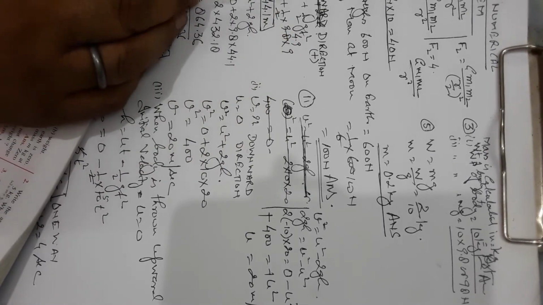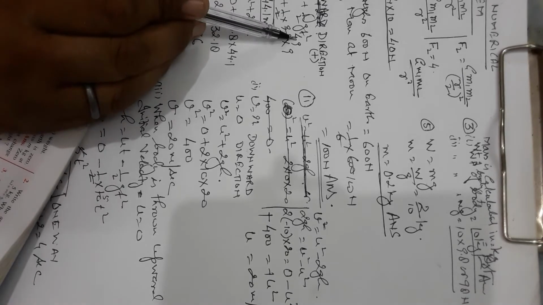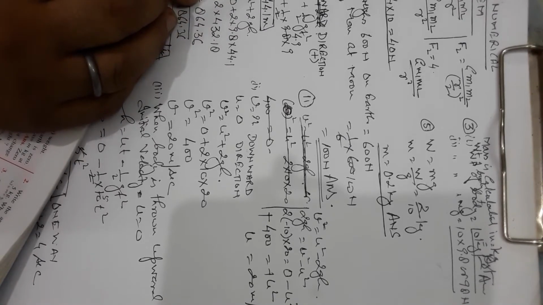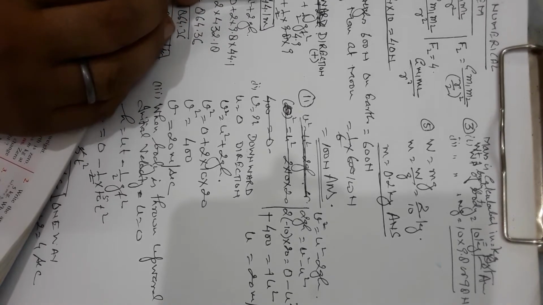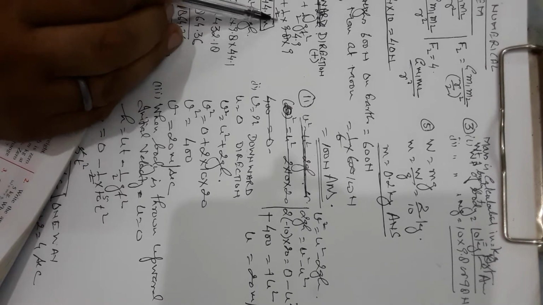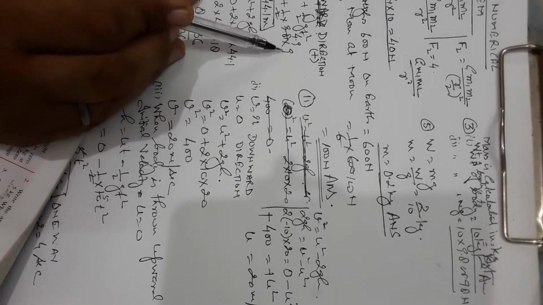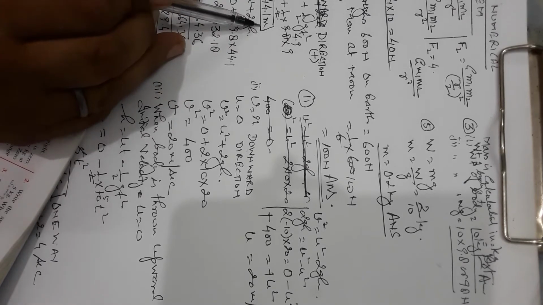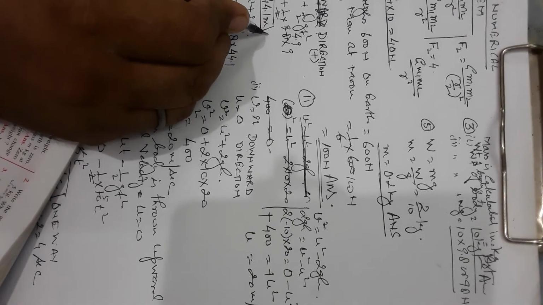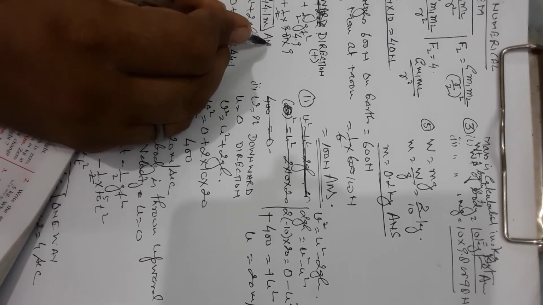So h is equal to ut plus half g t square. h is unknown, initial velocity is 0. So 1/2 into 9.8 into 9, the 2 cancels, 4.9 times 9, 44.1 meter. Height is 44.1 meter. Underline it.